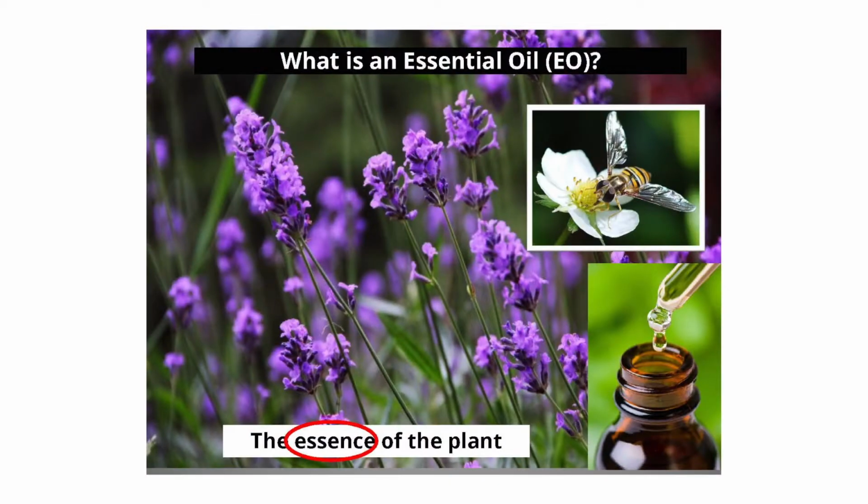They act as herbicides, pesticides. So that's why they naturally occur. Natural selection has dictated it so, and so nature has provided us with these smells from plants. So the answer to question number 1 on your worksheet is that essential oils are the essence of the plant. See, I made it really easy for you.